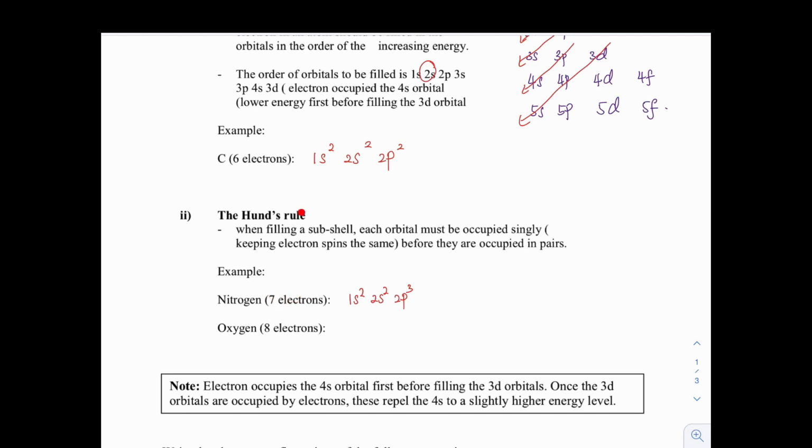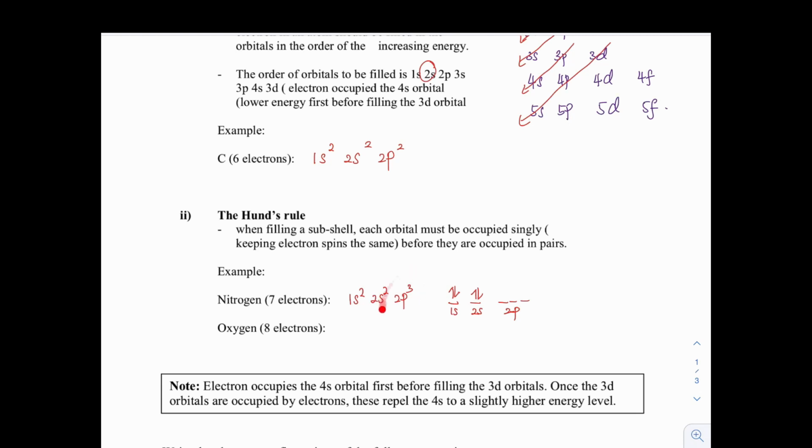Now, how are we going to show Hund's rule? We have to draw out the orbitals. This is 1s, this is 2s, this is 2p. According to Hund's rule, when we fill electrons, we have to make sure that it fills singly first within the same subshell. So 1s is one orbital, so we fill up the 2 electrons, this is 1 and 2, followed by 2 electrons here.